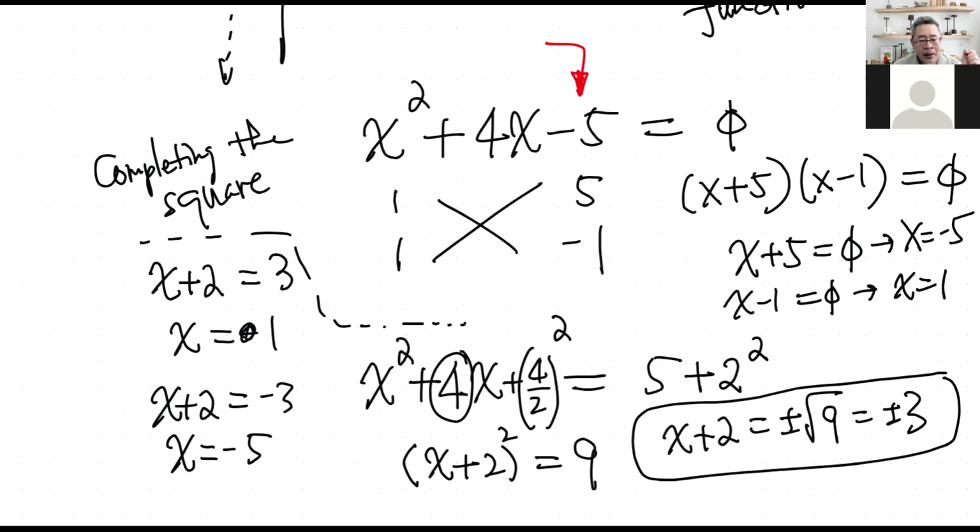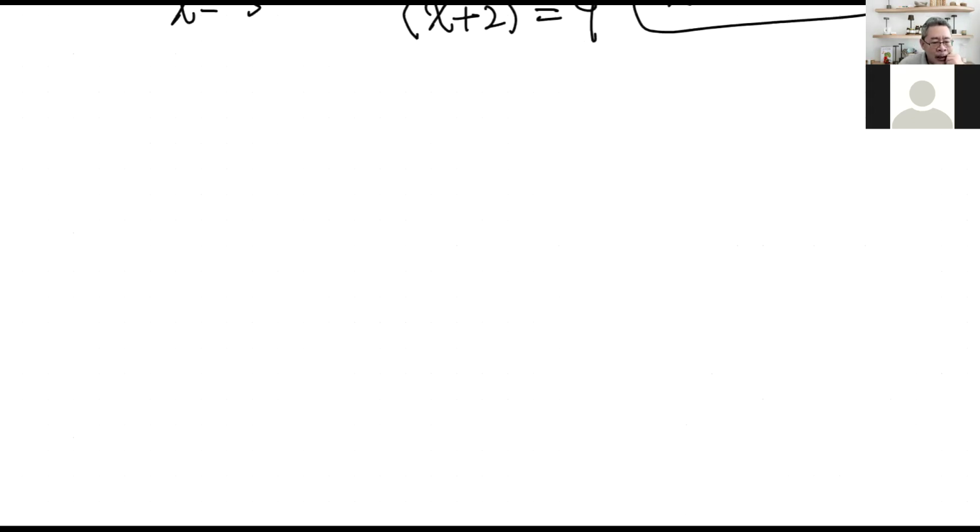And then we can actually use completing the square to derive the quadratic formula. So when we have a quadratic equation, we got ax squared plus bx plus c equal to 0. Can you see it?